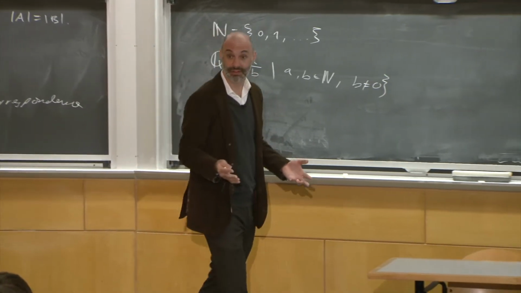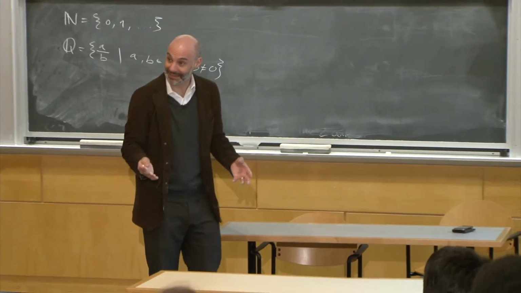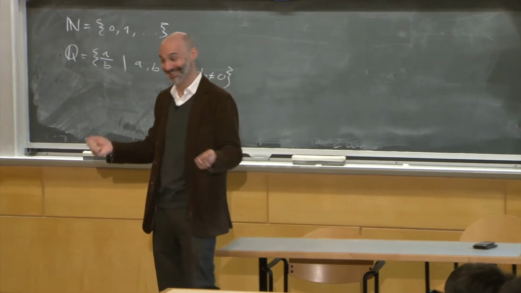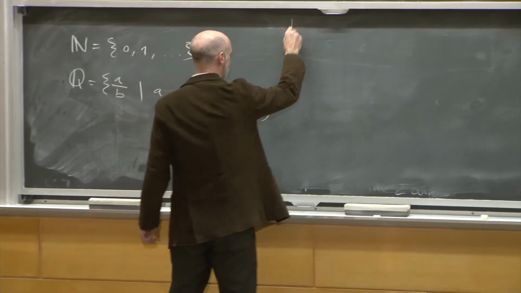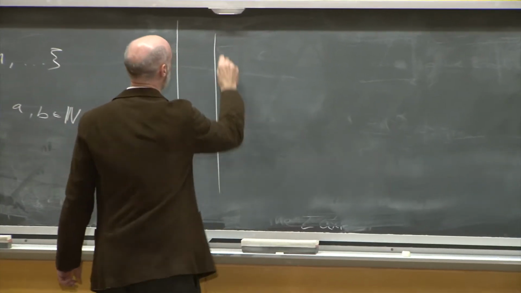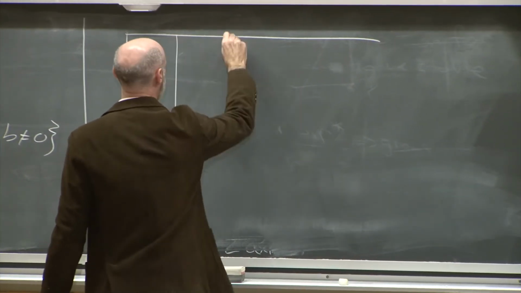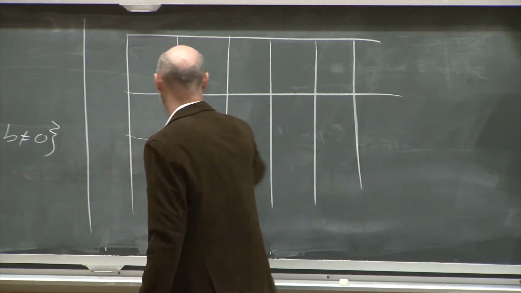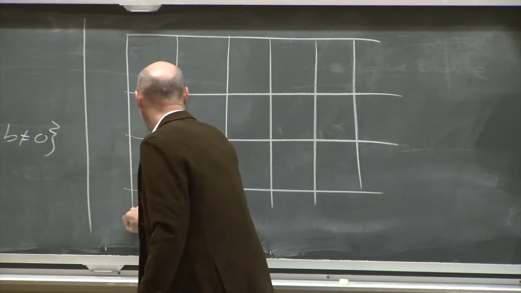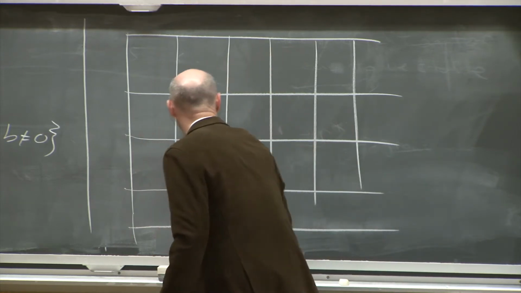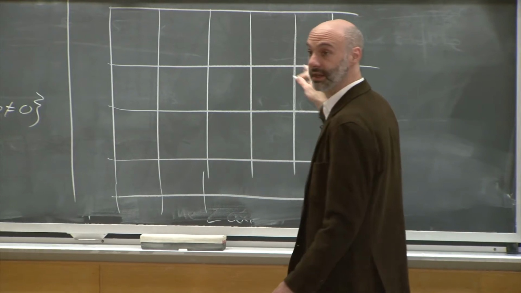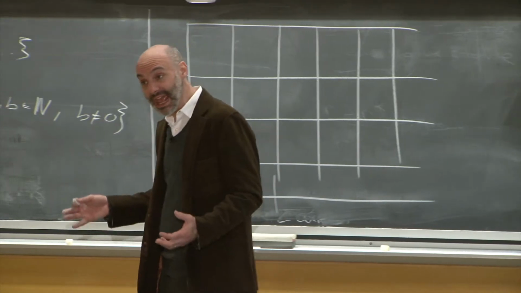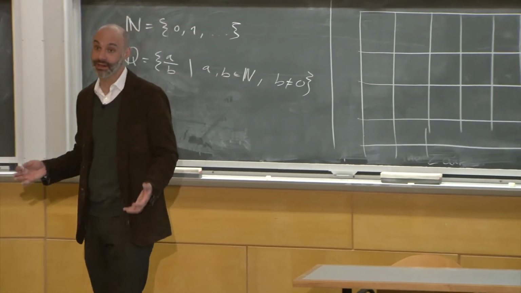As it turns out, the answer is yes. And if this doesn't blow your mind, I do not know what will. So here's a proof. Start by drawing a grid which is infinite, both going to the right and going down, and write down every rational number in some cell of that grid.